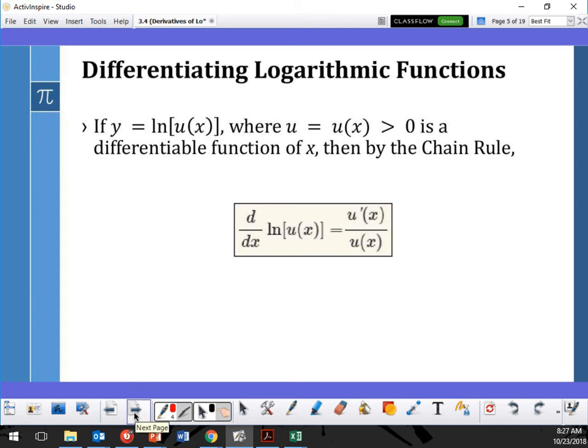Alright, so chain rule for this. It's the derivative of the inside times the derivative of the outside. Why is there no chain rule for log? It's the same thing. Do you know why?